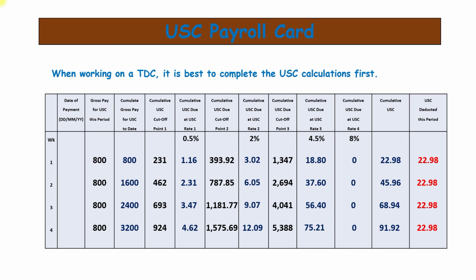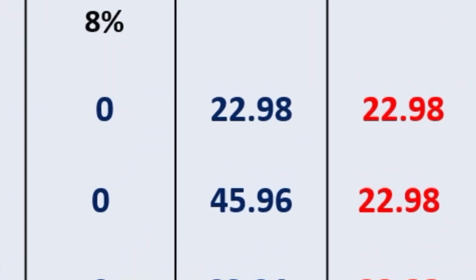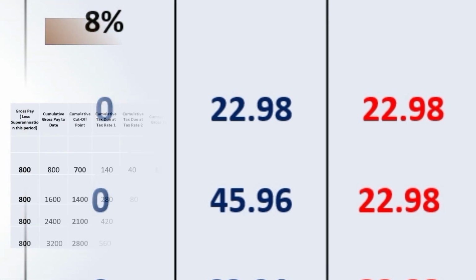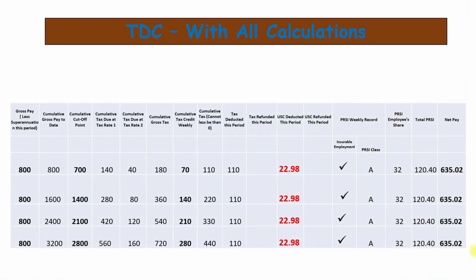In a real-time situation, only 1 week at a time would typically be entered, but, in this case, you can complete all weeks of the USC before starting the tax deduction card. You will notice that the USC deducted this period figure is 22.98 for each week. The USC figure has been transferred to the TDC as shown, and the tax deduction card has been completed as before.